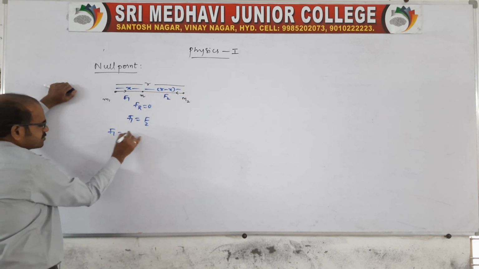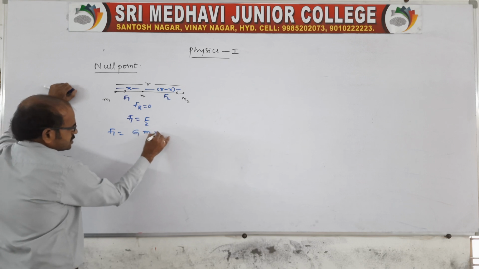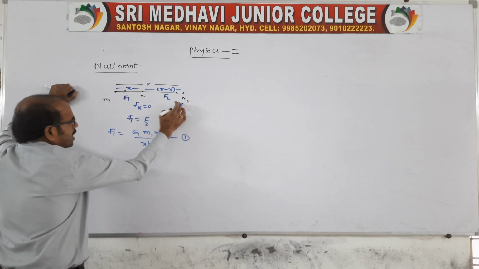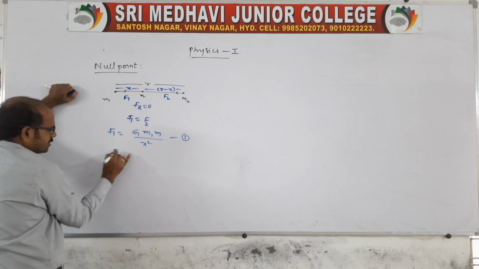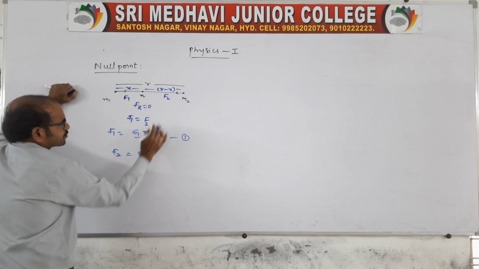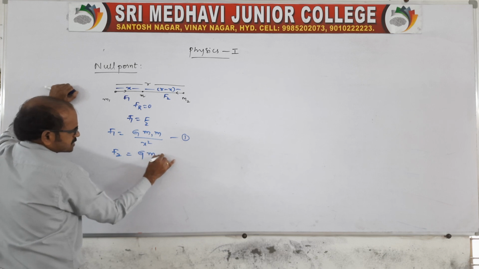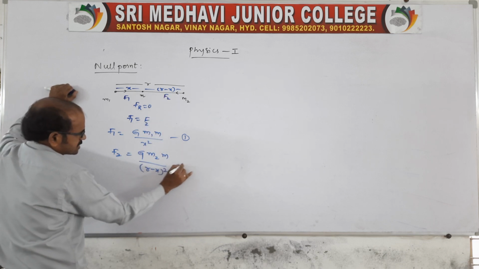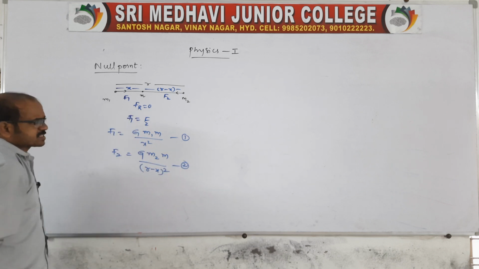Now write F1 is equal to capital G M1 small m by x square, equation 1. And F2 is equal to G M2 small m by r minus x whole square, equation 2. These two forces are equal and opposite.